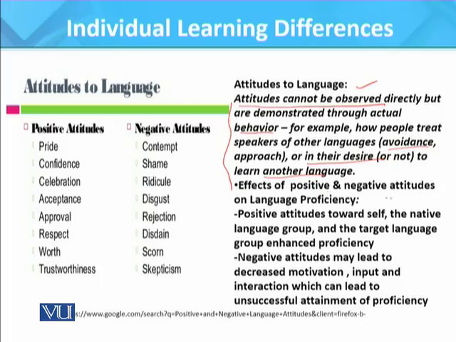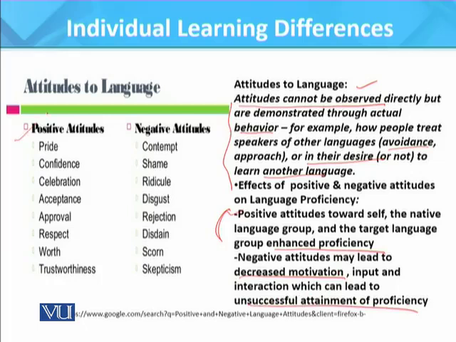Effects of positive and negative attitude on language proficiency are very clear. Positive attitude towards self, the native language, and the target group enhances. So positivity will enhance motivation, and then motivation will result in the enhancement of proficiency. Negative attitude may lead to decreased motivation as well as decreased input and interaction, which can lead to unsuccessful attainment of proficiency.